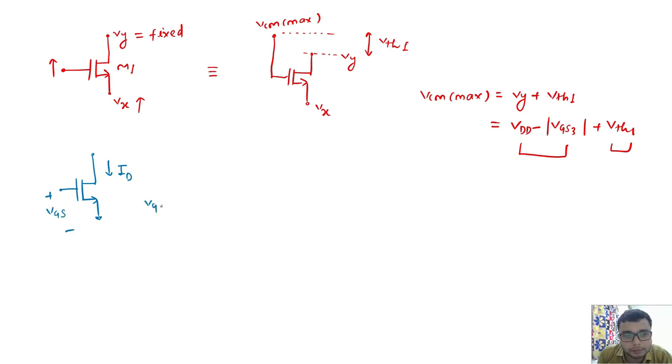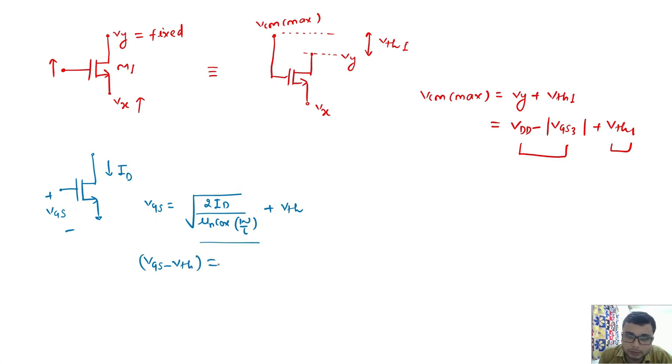From the current equation itself, VGS is the square root of 2ID over mu n Cox W/L, plus VTH. So VGS minus VTH, which we also call V overdrive, also called VDSAT, equals this amount. So for a fixed current, this VGS across any transistor is fixed.